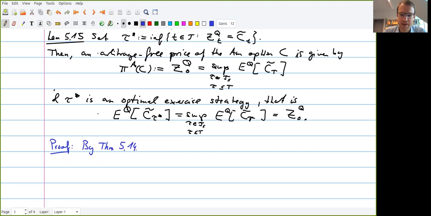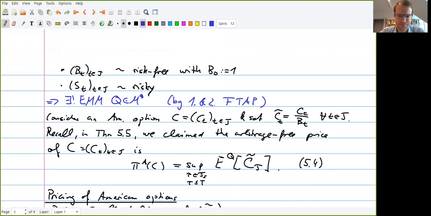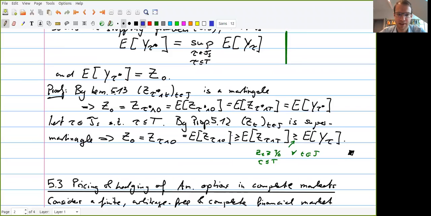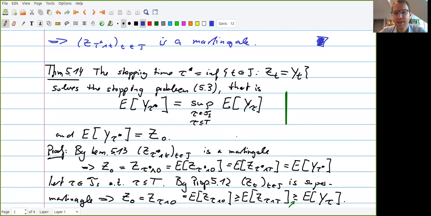We call our last proposition Theorem 5.14. So let's go back. Here we are. This means this tau star is the solution to the optimal stopping problem, and the Snell envelope at time 0 is the expected value of the optimal stopping problem stopped at this stopping time tau star.